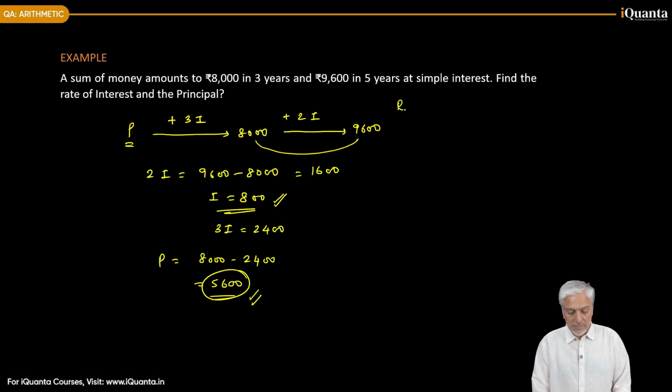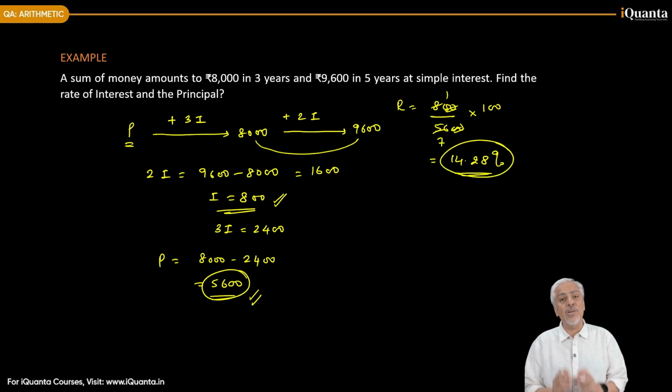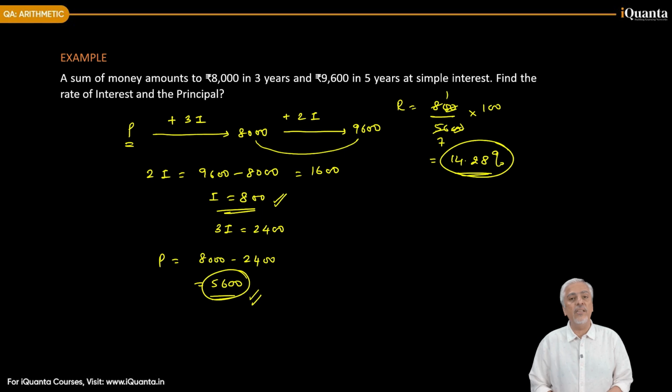So rate becomes 800 divided by 5,600 into 100. We'll get 2 zeros cut out over here. 8 ones are 8, 8 sevens are 56. 1 by 7 as a percentage becomes 14.28%. So I think the second method is much, much easier. You should definitely follow that method.